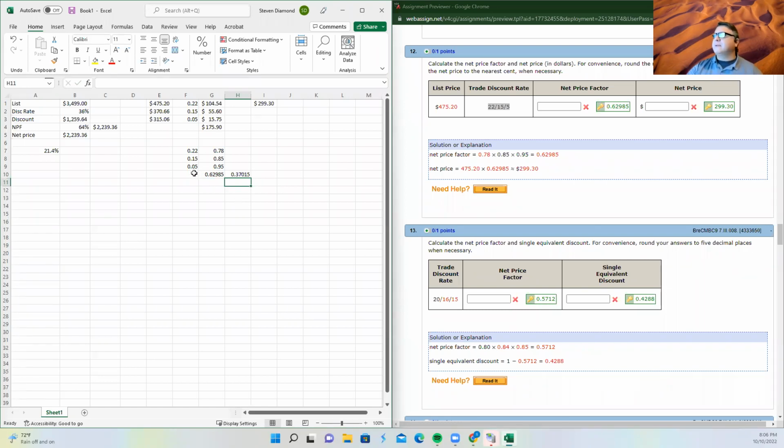And what did we say this could have been if we added it up? 22, 15, 5, so if you add it up, it would be 42, but what we're actually getting is a 37% discount.